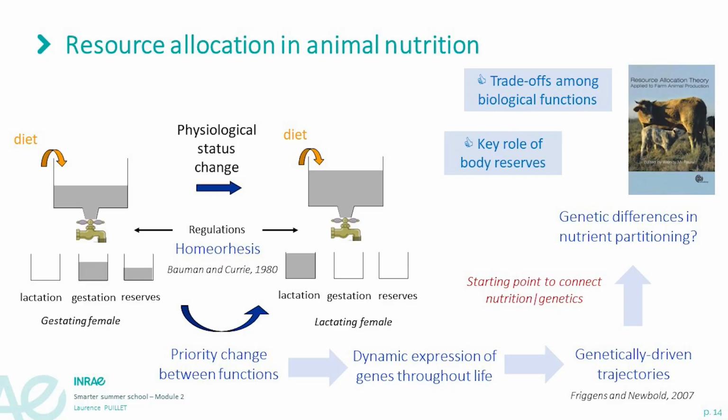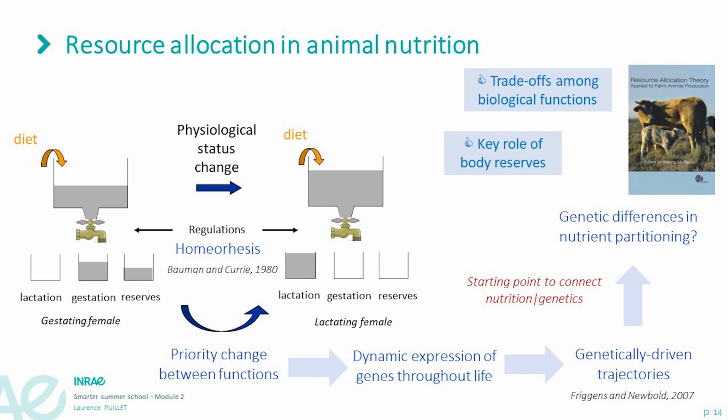You're a female from a ruminant species, you are sort of programmed to switch at one point from gestation to lactation. This is what is called genetically driven trajectories. And if you have some question, you can ask Nick, because he was one of the nutritionists to push this idea that even if we are talking about nutrition, some stuff is genetically defined.